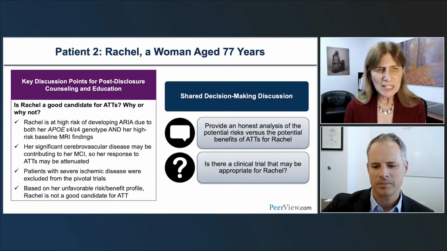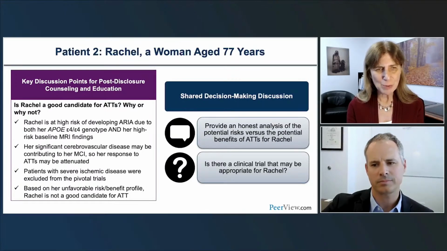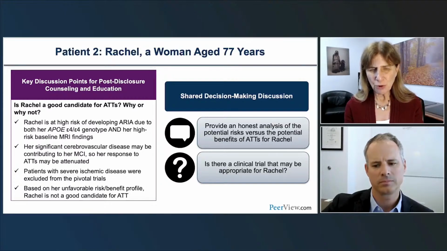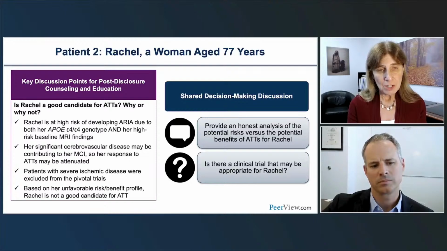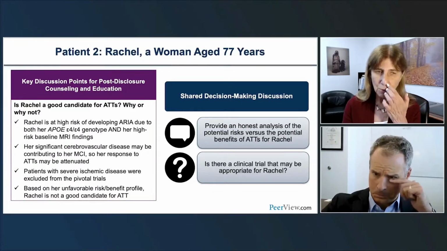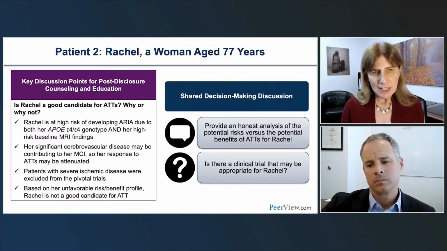Yeah, very similarly. I feel it's a shame. MCI, she's at the mild end of the Alzheimer's spectrum, confirmed amyloid pathology. But is this a safe treatment for her? The baseline MRI and the ApoE4 homozygote status worries me that she's at a high risk for ARIA. And yeah, she's got severe white matter disease, or moderate to severe, and patients like that were excluded from the pivotal trials.